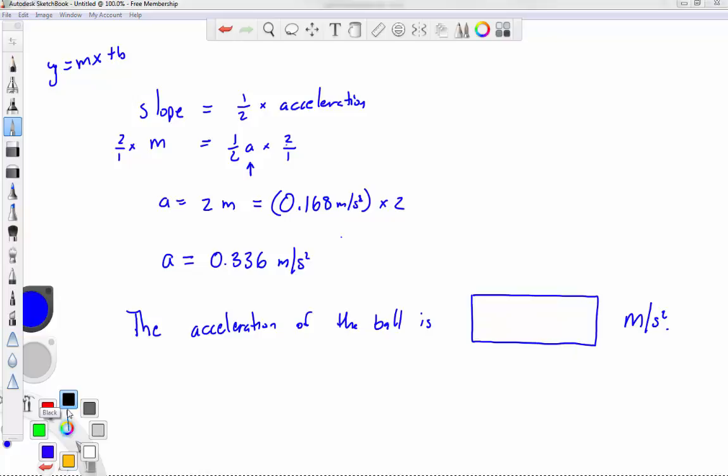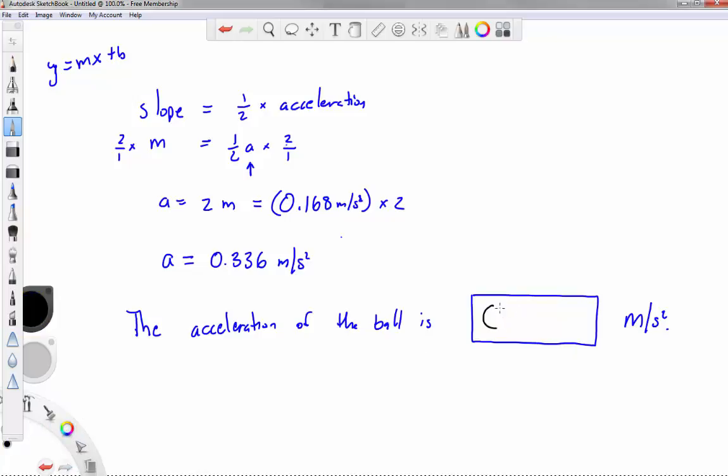So what you put into this box to get this answer correct is 0.336. That's what you should actually be entering here, and that's true for any question of this type. Always read back the box as if you're trying to make a complete sentence that says the whatever it is that I'm trying to find in this question is, put the number in the box, and then mentally say the units right after the number.